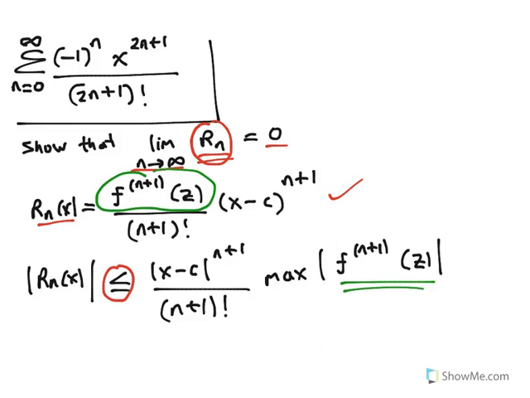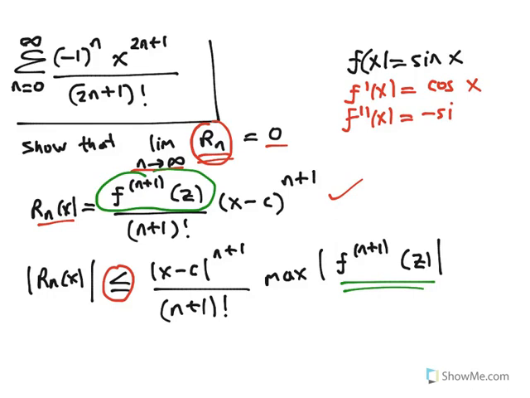One thing we can note is that our function is, of course, the function that we began with. f of x is equal to sine x. And if you consider the derivatives of this function, the first derivative is cosine, the second derivative is negative sine, the third derivative is negative cosine, the fourth derivative is sine.